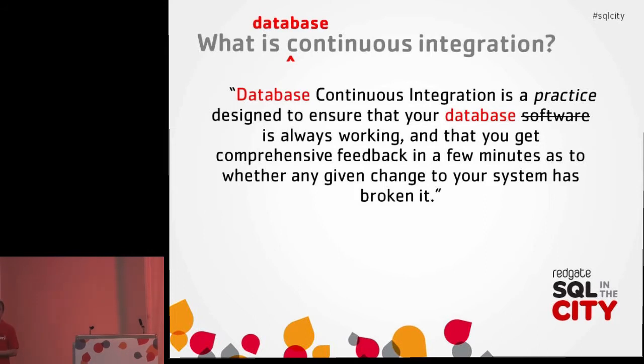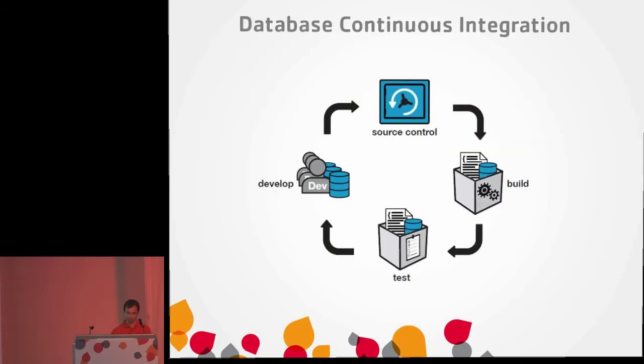So there is no difference. You shouldn't be treating your database code any differently. If anything, the database code is more important because it deals with your data, and the data is valuable, and if you lose data, then it's very hard to get it back. Whereas code, you can just redeploy. You can just copy over the faulty code with some new fixed code, and you're back to a working environment, whereas it's not quite so straightforward with the database.